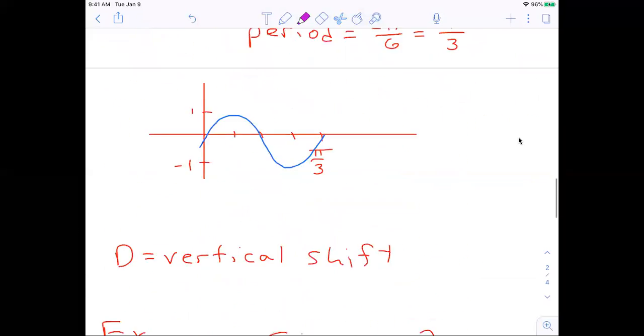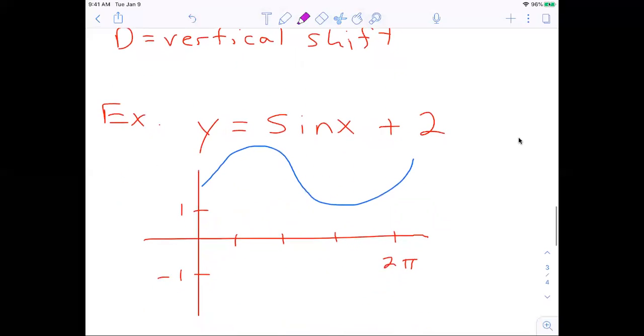So for example, here, our original sine graph looks like the purple one, but then this thing is going to move it up 2. So we take that and move it up 2, and the blue is then our final answer there.